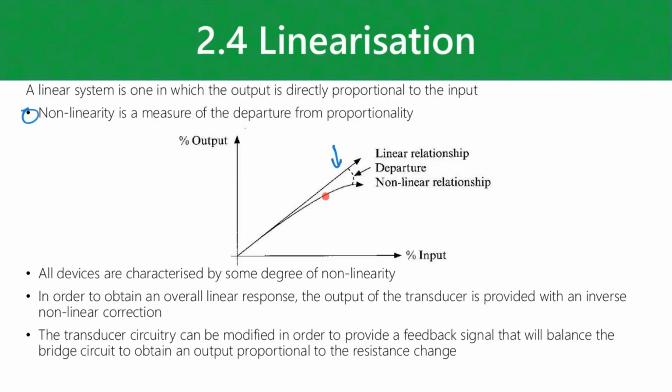Things that especially have linearity issues would be a lot of your magnetism or rather electromagnetism based transducers, due to saturation. The reason I use magnetism here is that all materials have a limit to how much they can be magnetized.